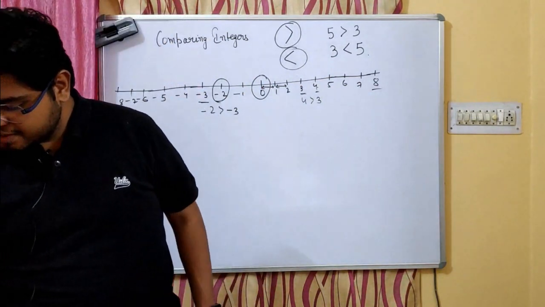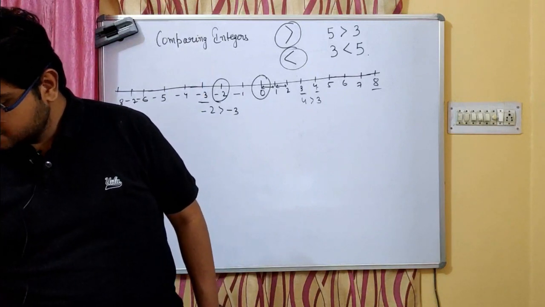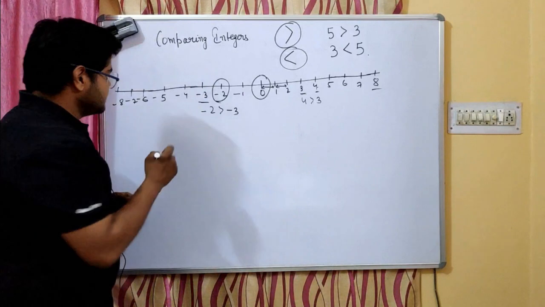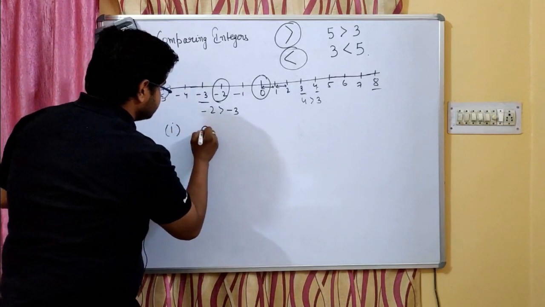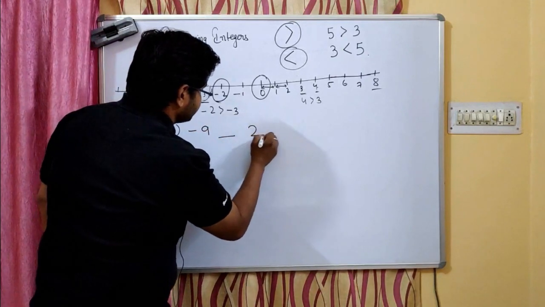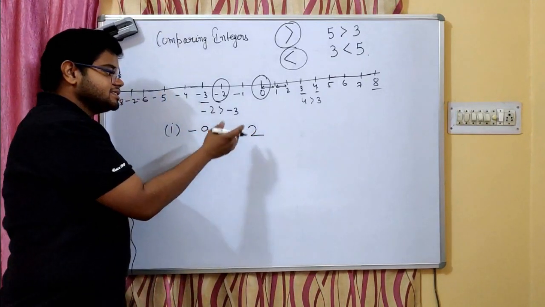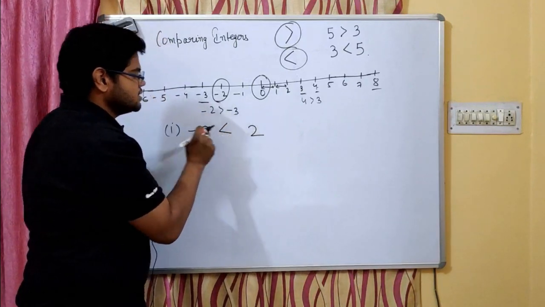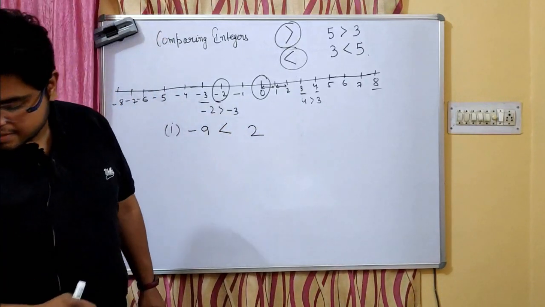So here we have some examples. Write greater than or lesser than to compare the following sets of integers. First is -9 and 2. So -9 is lesser than 2. What will be the sign that will be put here? -9 is less than 2.